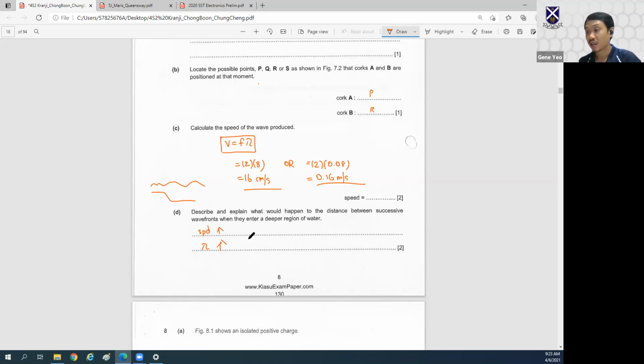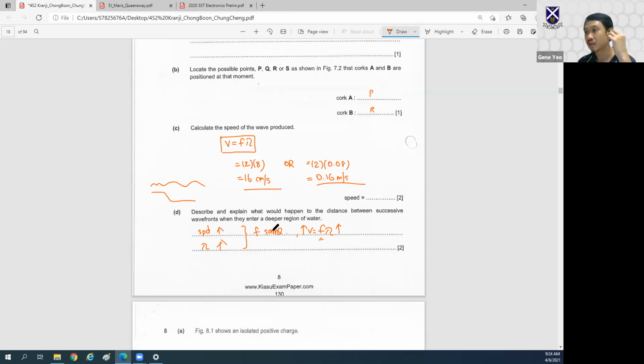Okay, and why? Because frequency stays the same. If I'm using the formula v equals f lambda, if f is the same, wavelength increases means the left-hand side of the equation must also increase to make sure that both sides are equal. So essentially that's the argument that you have to make over here.